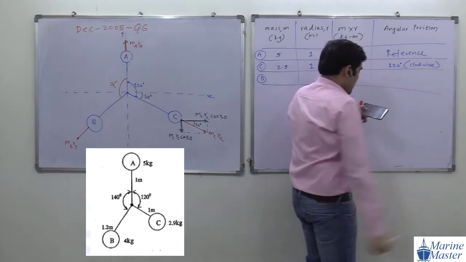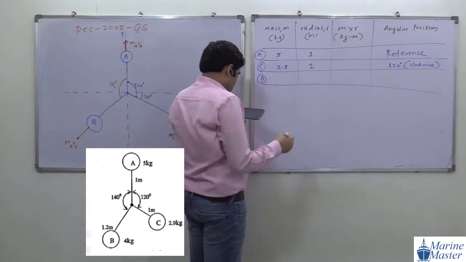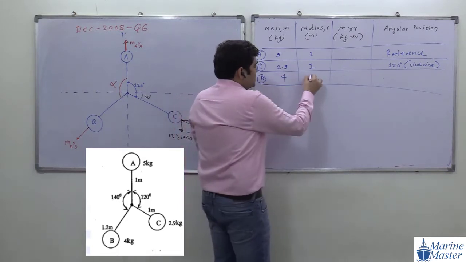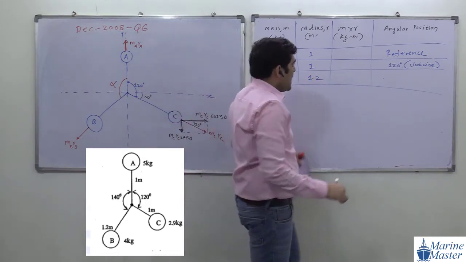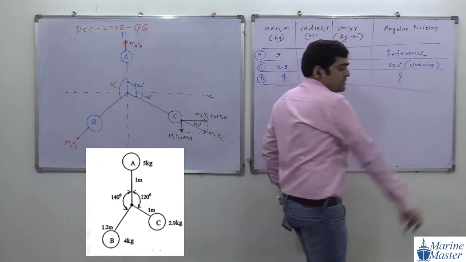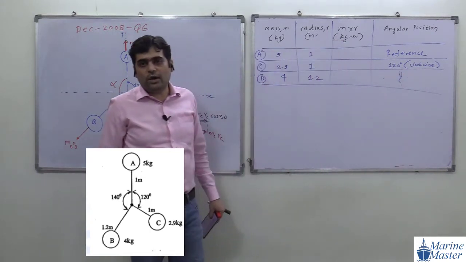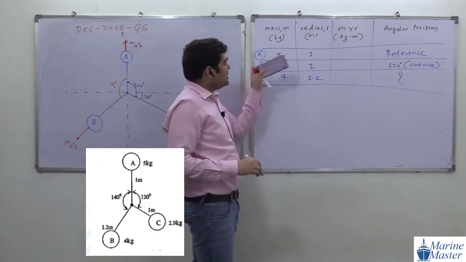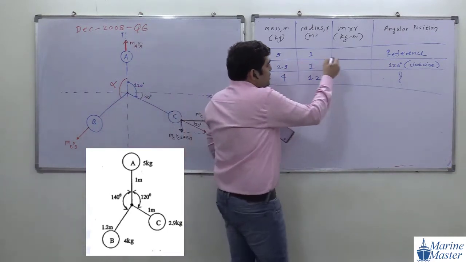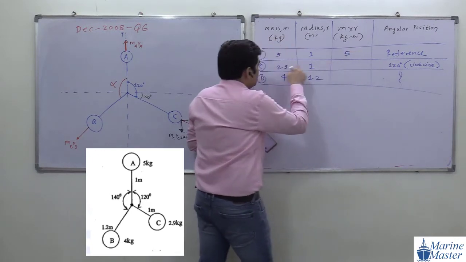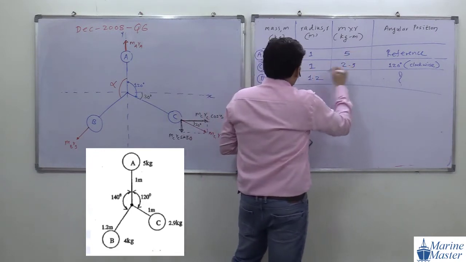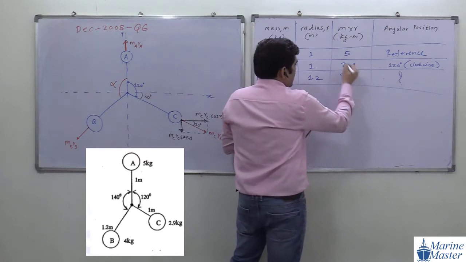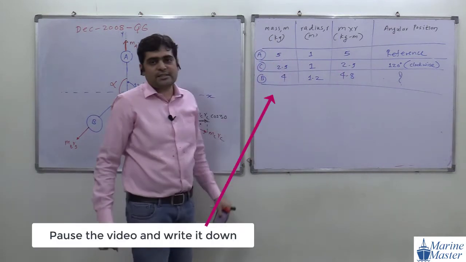Then mass B at the end is 4 kg at 1.2 meter radius, and its new position is unknown to us. Now M into R: 5 into 1 is 5, 2.9 into 1 is 2.9, 4 into 1.2 is 4.8. Okay, everyone please complete this table.